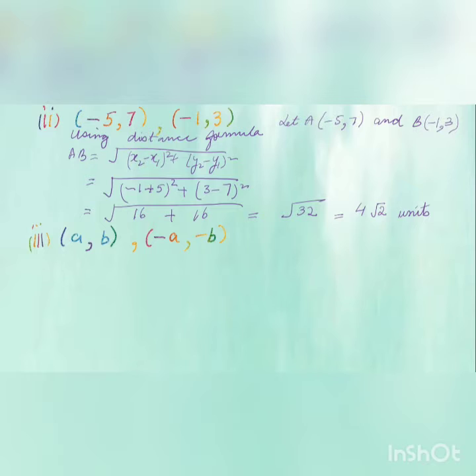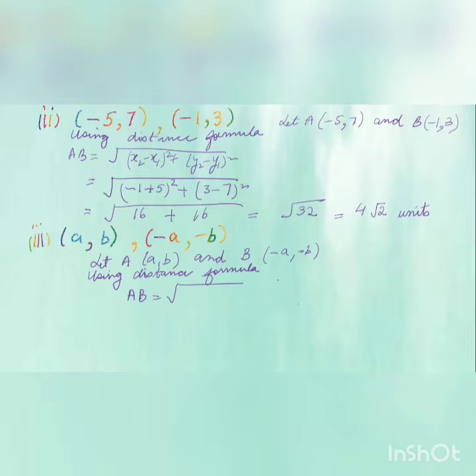Now the third part is AB. Let A be (a, b) and B be (minus a, minus b). So using the distance formula, you want to find the distance AB.